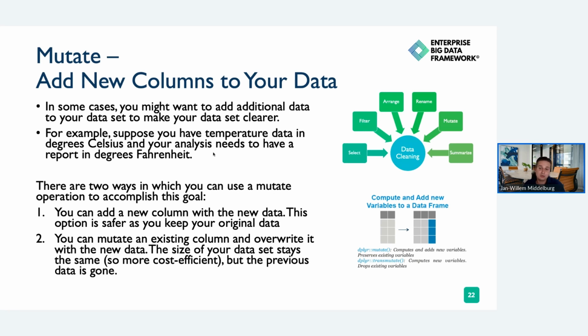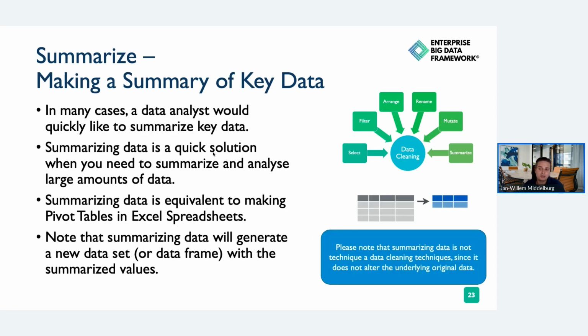And then last but not least, especially on the cleaning part, we have summarization. With summarization, we are looking at giving critical information around the data itself. It's very similar to pivot tables in Excel sheets, for those of you who are familiar with that.